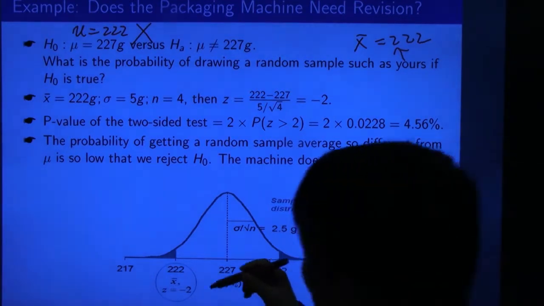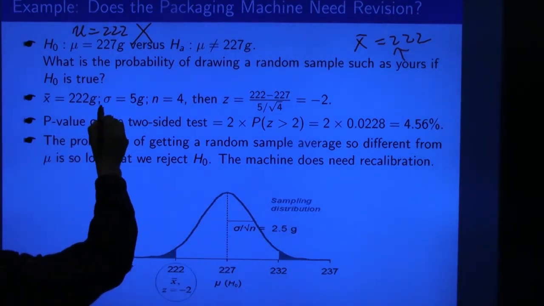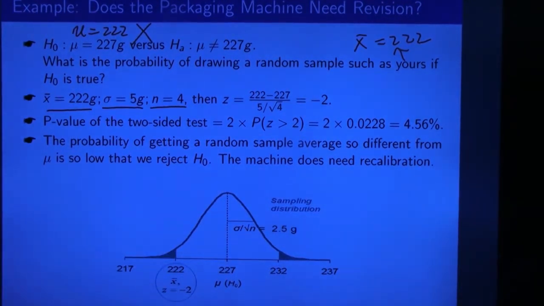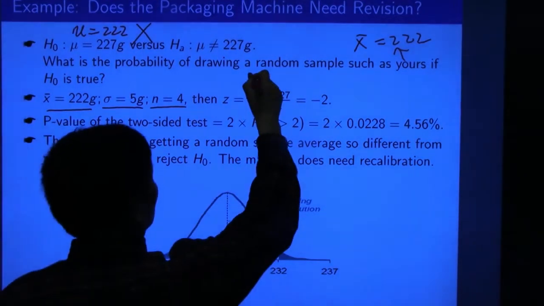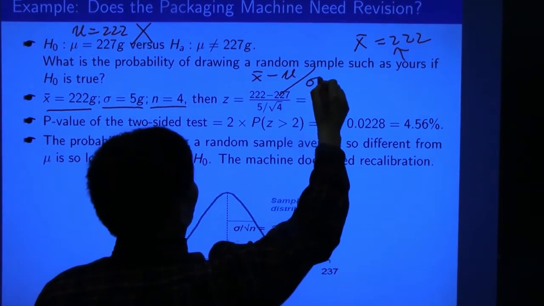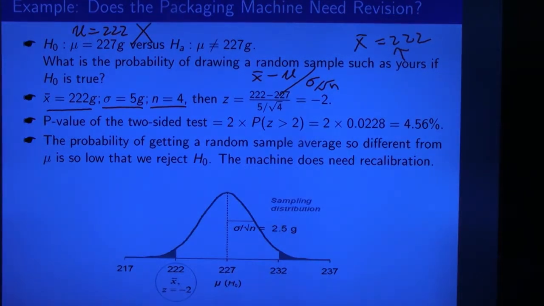Okay, now what we have is x bar equals 222, right? Sigma equals 5 and n equals 4. Then we calculate the z-score, and the z-score equals x bar minus mu, divided by sigma over square root of n, and that equals -2.